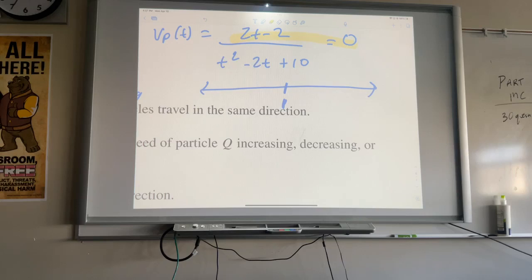No matter what I plug in, if I square it and I add 10, it's never going to be negative anyways. Also, if you were to do quadratic formula on this to try to solve it, not that we are, but if you were, what would be inside the square root sign? B squared minus 4ac. And what can you tell me about that? Huge negative number. So there's no way there's any solutions to this, okay?